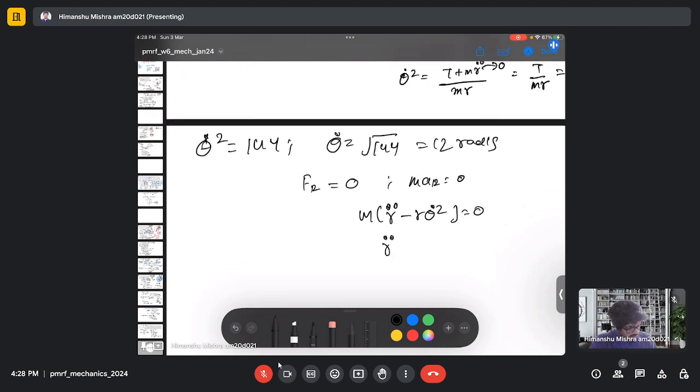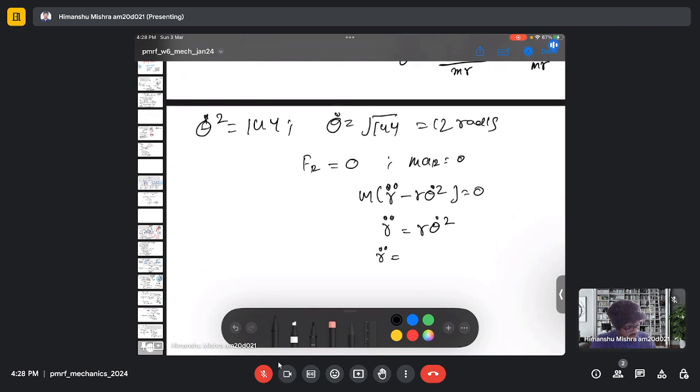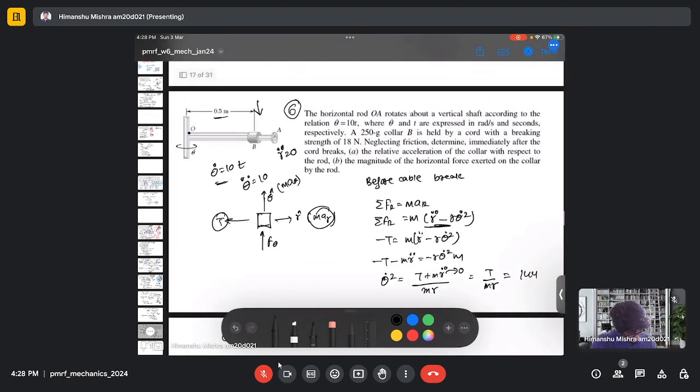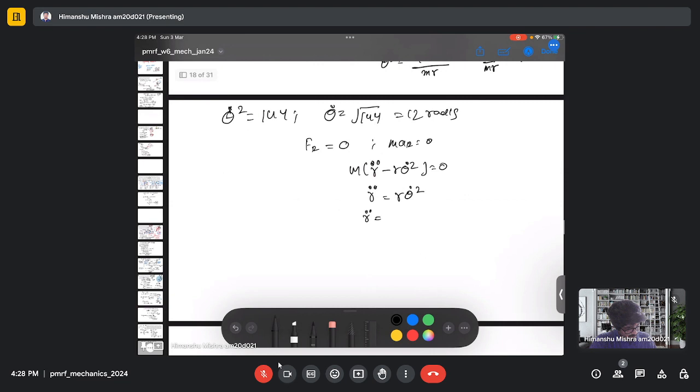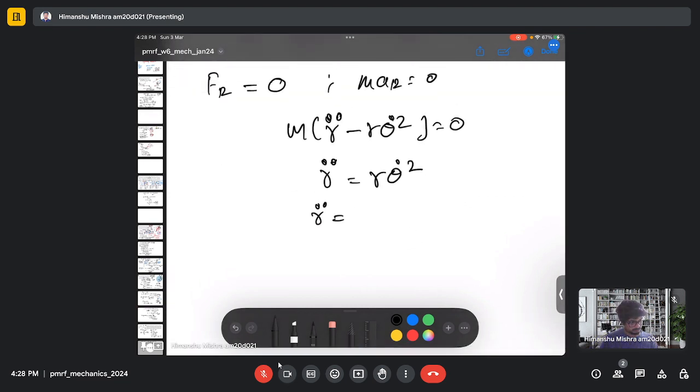So r double dot will be r theta dot square, with r here being 0.5, so it will be 72 meter per second square.